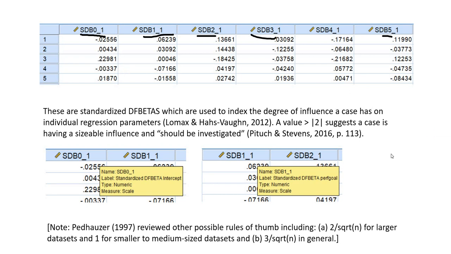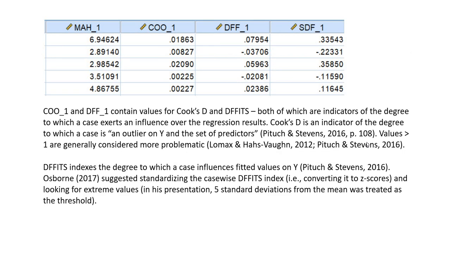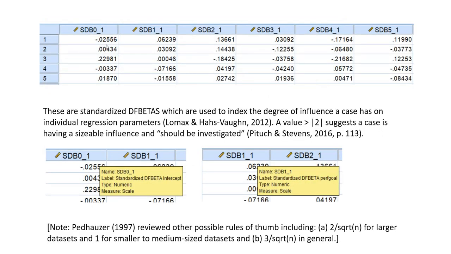So the long and short of it is that you can use Cook's D and DF fits to evaluate the effect of a case on the fit of the overall model and the predicted values or fitted values, whereas you can use the standardized DF betas to identify cases that may be having an undue influence on individual regression parameters.